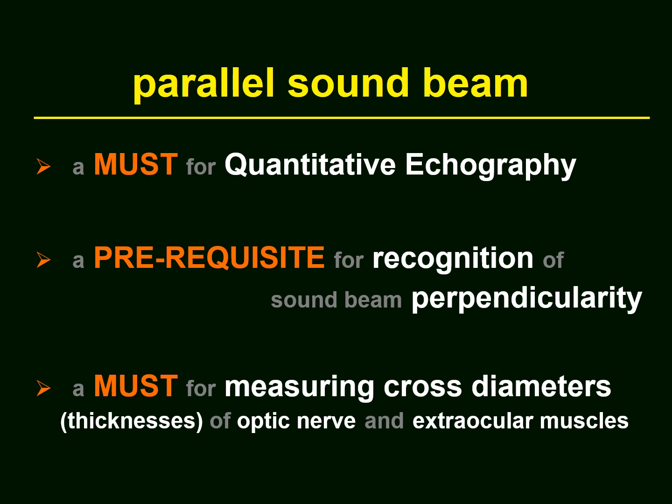And a parallel sound beam is a must for measuring cross diameters, thicknesses of the optic nerve and the extraocular muscles. Only a parallel beam will be refracted enough in the orbital apex to reach the surfaces of the structures perpendicularly, and perpendicular exposure is needed for precise measurements.